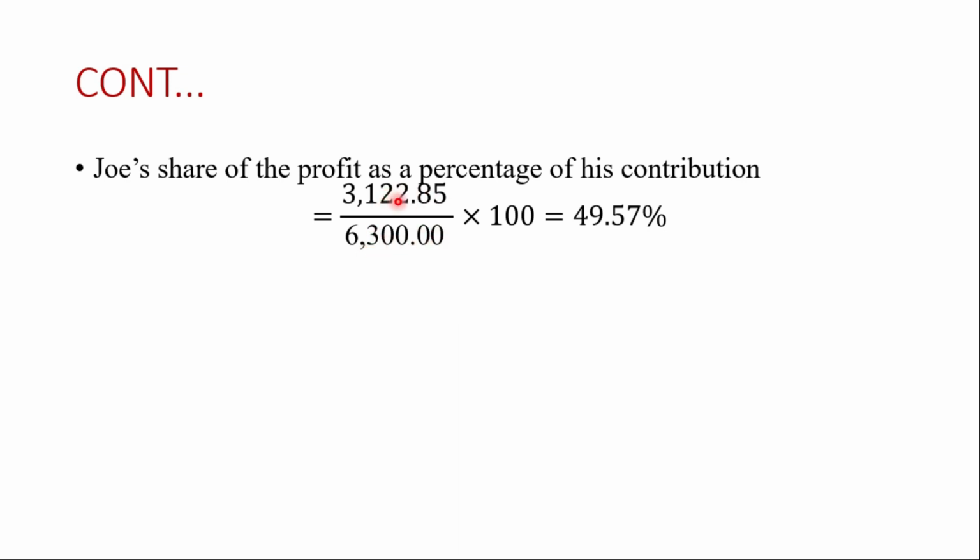So the fraction of his profit as a percent of his contribution is the profit all over the contribution. Now I want to get the percentage, so you multiply by 100. In getting percentage of any fraction, we said multiply by 100. So after multiplying it, you realize that Joe received 49.57% of the profit. That's the percentage he has received.